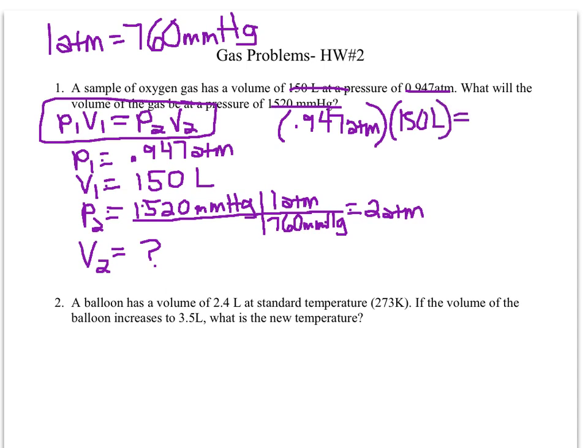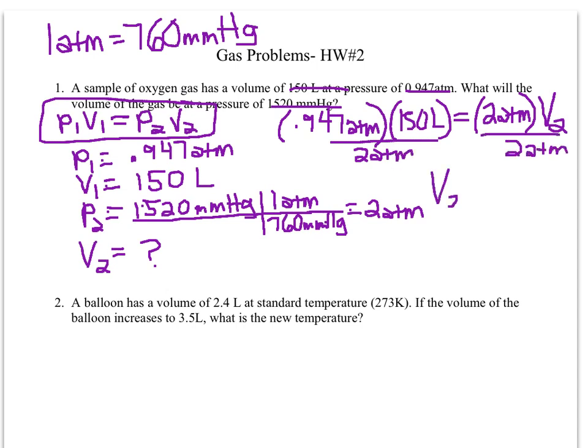And then we're going to set that equal to our 2 atmospheres and then our V2. So you're multiplying 0.947 atmospheres times 150 and then dividing it by 2 atmospheres. You're dividing both sides by 2 atmospheres.